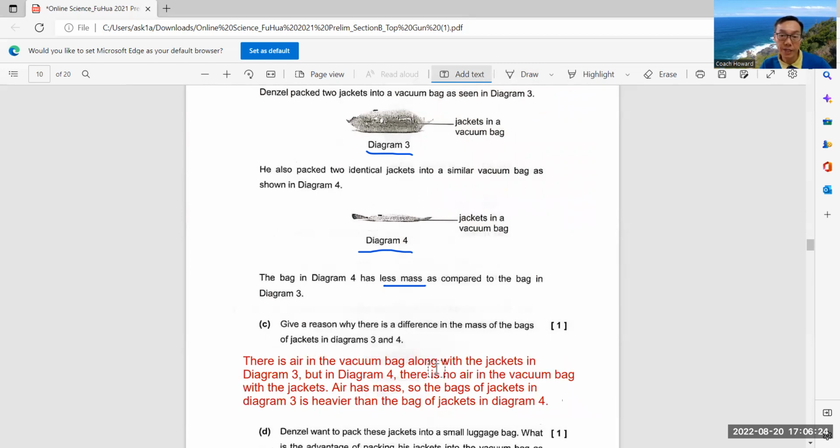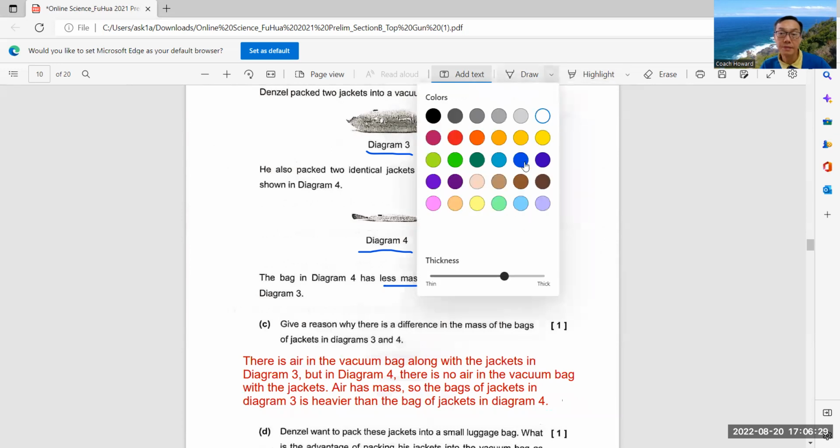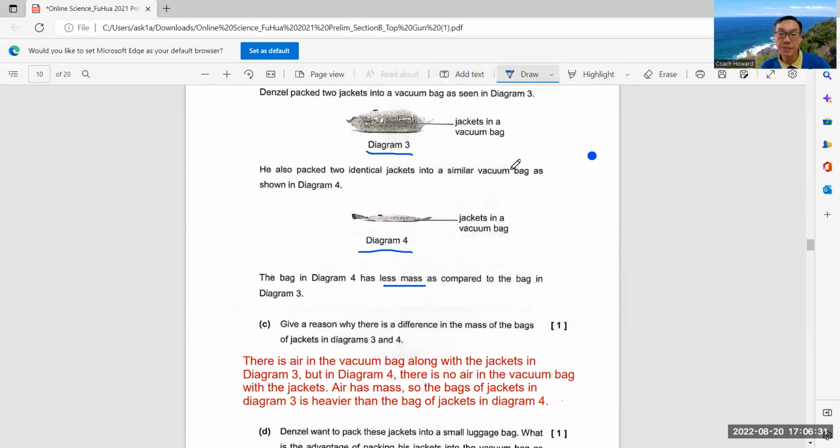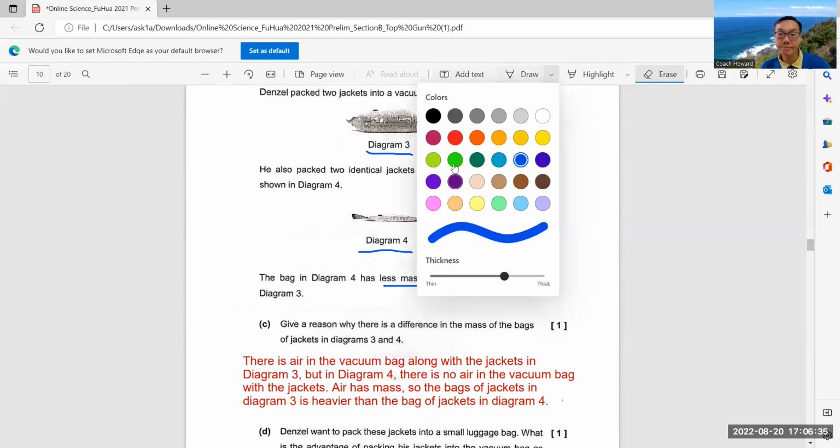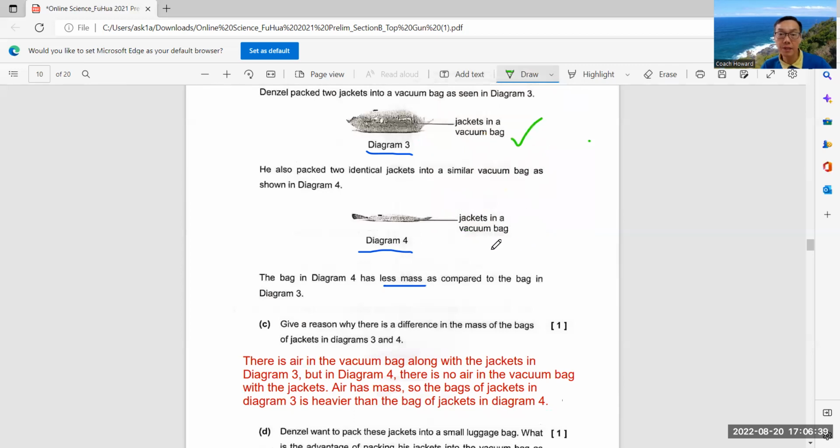There is air in the vacuum bag along with the jacket in diagram 3. Diagram 3 has air. This one has no air, but in diagram 4, there is no air in the vacuum bag.